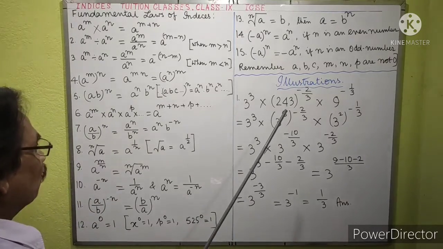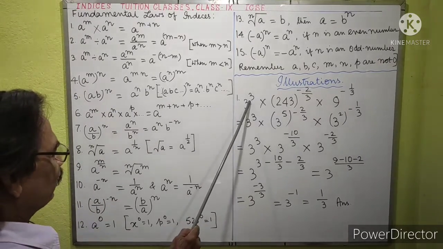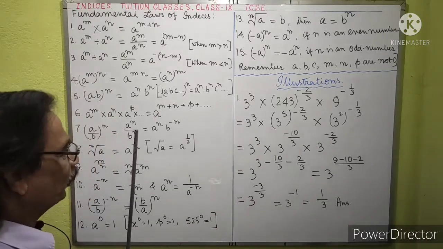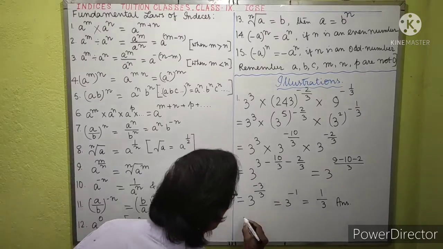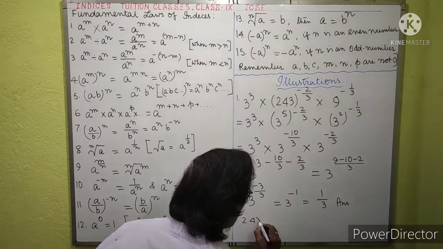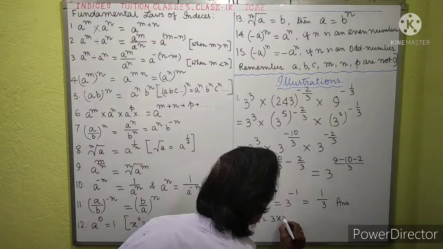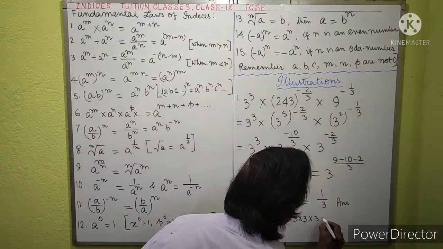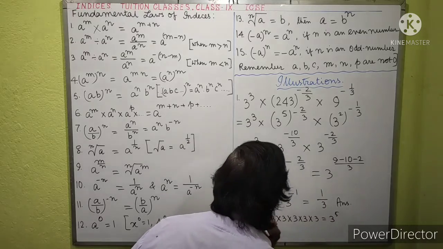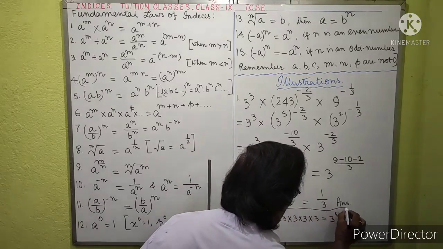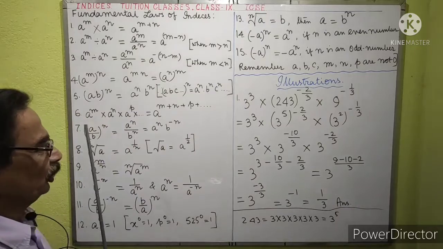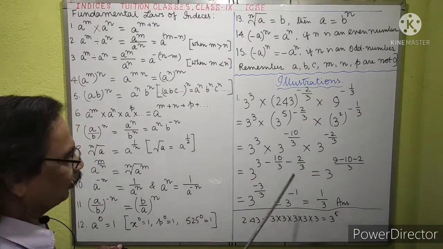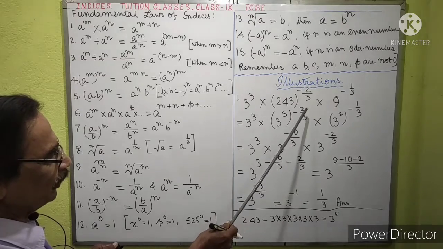This is 3 cube, and 243 is equal to 3 into 3 into 3 into 3 into 3, which is 3 to the power 5. That's why it is 3 to the power 5, 1, 2, 3, 4, 5, to the power minus 2 by 3.